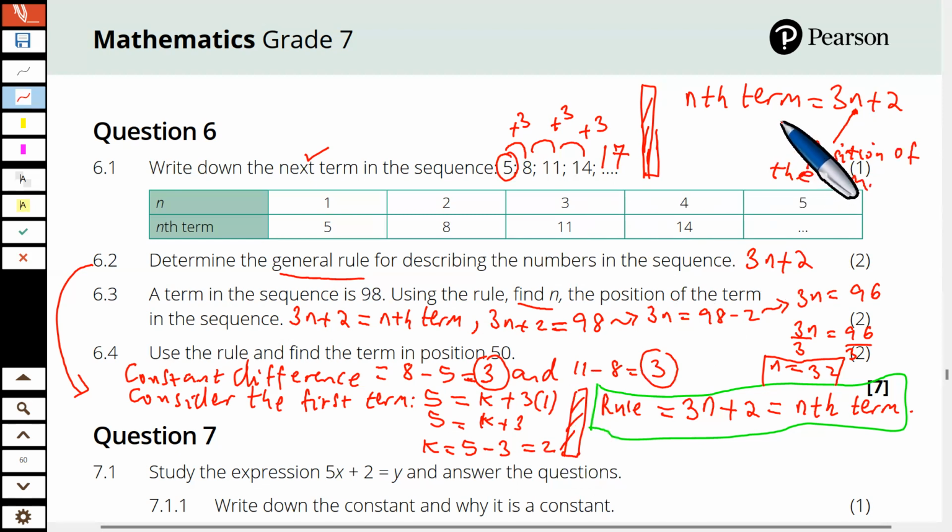The nth term is everything. If they say to you, find the second term, the third term, the fourth term, the fifth term, they mean find everything. But if they say find the position of the term, they want n. In which case, n becomes a question mark.